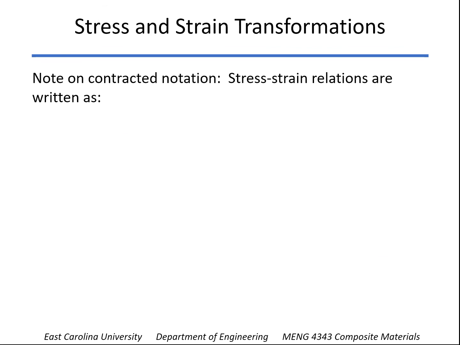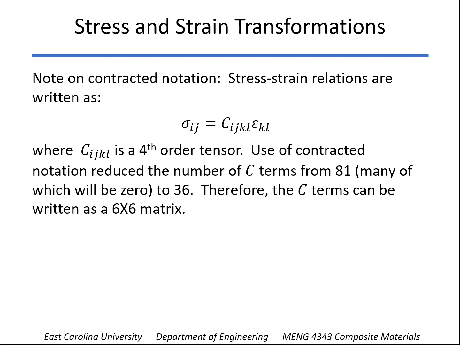Now just one note about the contracted notation: when we write the stress-strain relations later on, what we'll find is that mathematically we would write it like this: there are stiffness terms, which we'll call the C terms, but to look at the possibility of all the coupling between the stress and strain terms, that would be a fourth order tensor that connects those two. Well, a fourth order tensor has 81 terms.